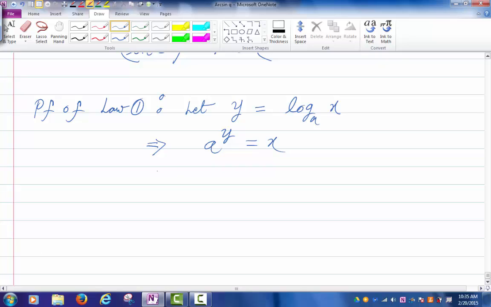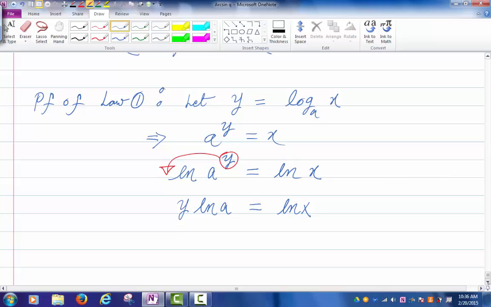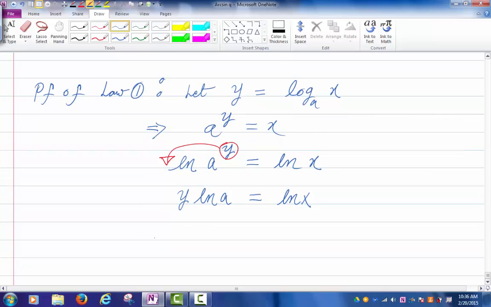Well, now I'm going to apply ln on both sides. So what is ln of a to the y? Well, ln has this cool property that the exponent can be moved in front of the ln function, and then I get y times ln of a equals ln of x, and then finally I can solve for y.